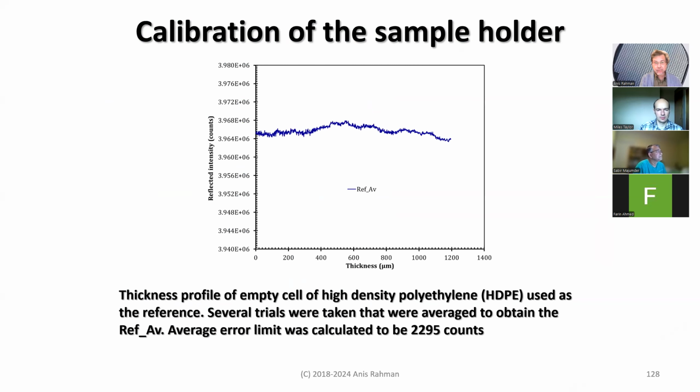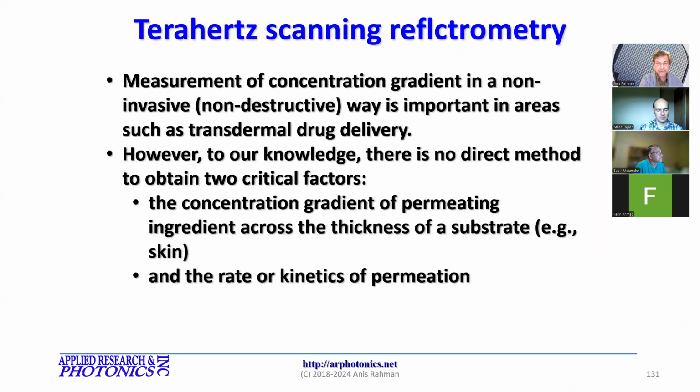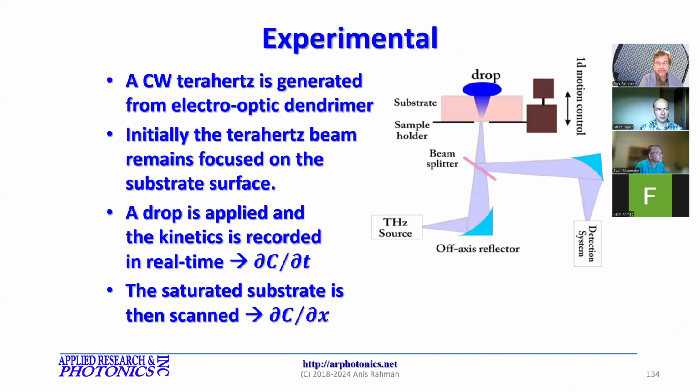Calibration of the sample holder. So first of all, this is the experimental arrangement. If this is skin or a substrate, then when we put some analyte or solution on it, that will permeate into that substrate. And then we can measure that permeation in real time.